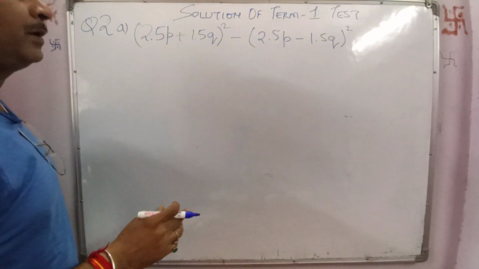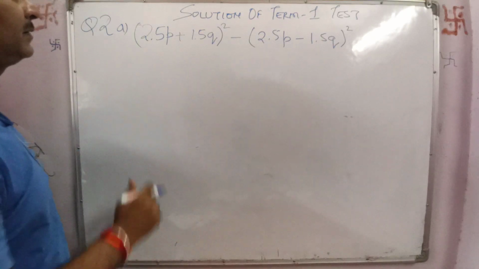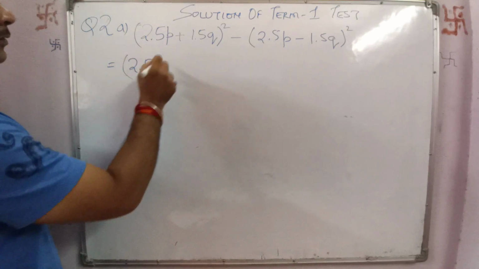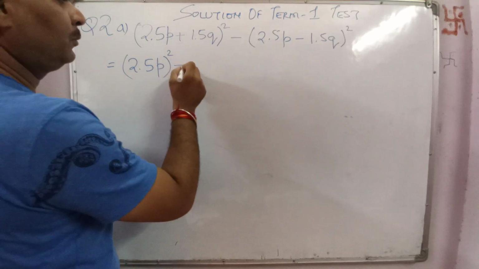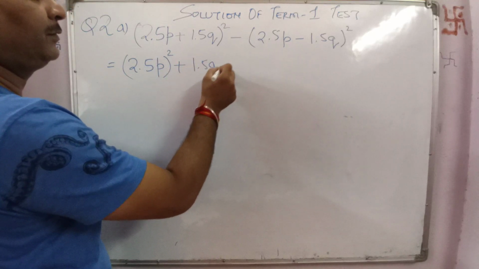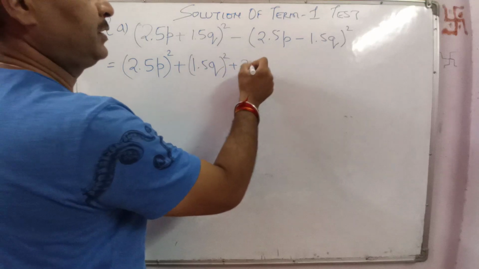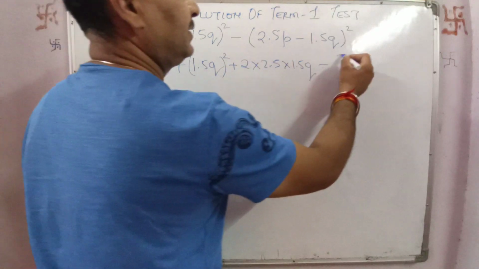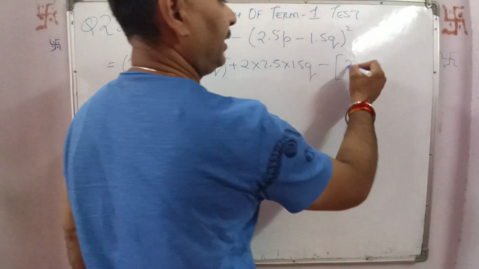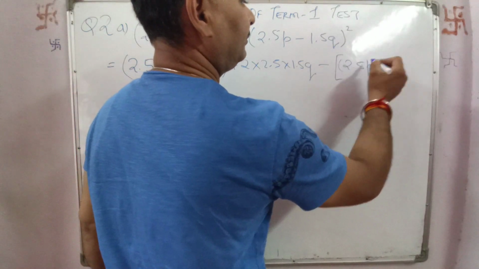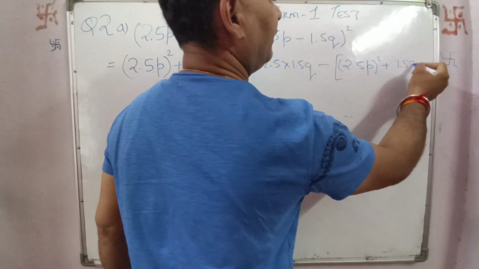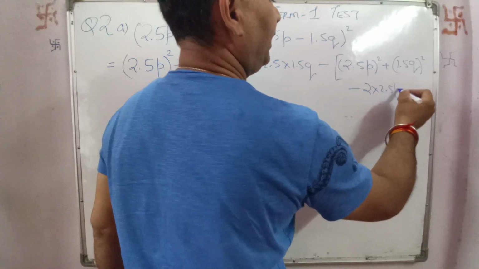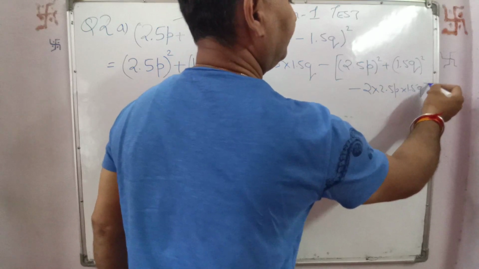There is one formula also which we can use, but since the pupils are small, I think that formula must not be taught to you. So we will expand it only. (2.5p) square plus (1.5q) square plus 2 times 2.5p into 1.5q, minus, then we will start the bracket again, (2.5p) square plus (1.5q) square minus 2 times 2.5p into 1.5q.